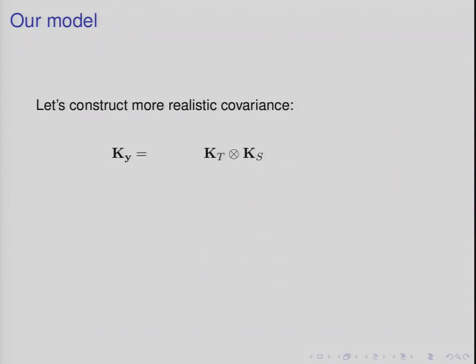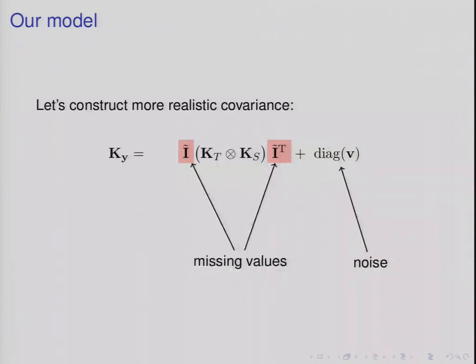But now I would like to construct a bit more complex covariance. This is the Kronecker product covariance matrix that we had before. First we add some noise to model realistic observations, and then we might also have missing values, so we need to remove those rows and columns from the covariance matrix which correspond to the missing values.